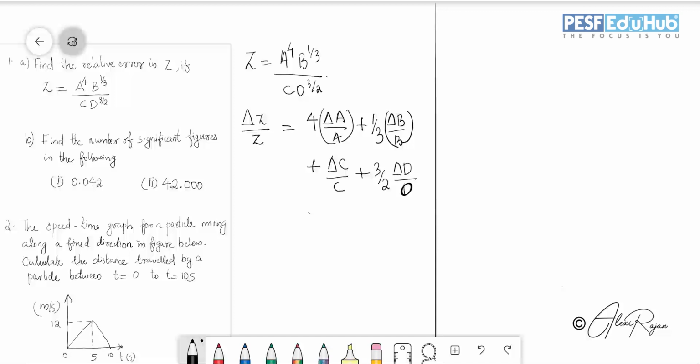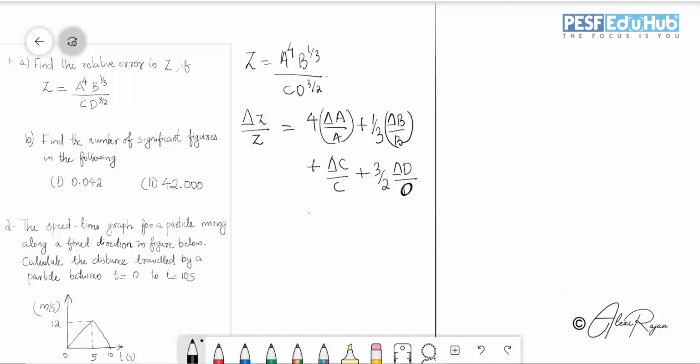That means throughout, a sum is taken. You just check the power of the given quantity, a, b, c, d, and write down the power multiplied by the relative error of the corresponding quantity.